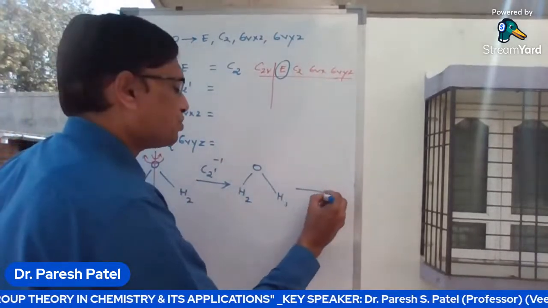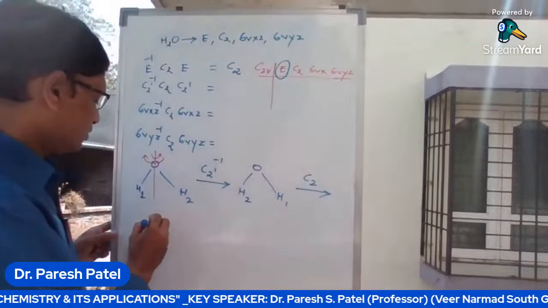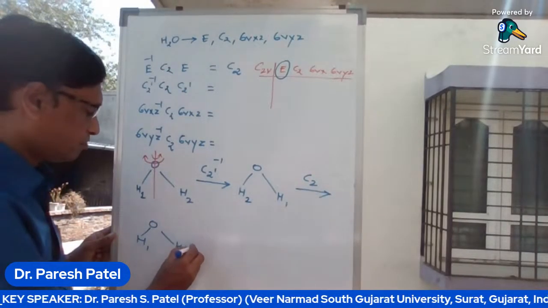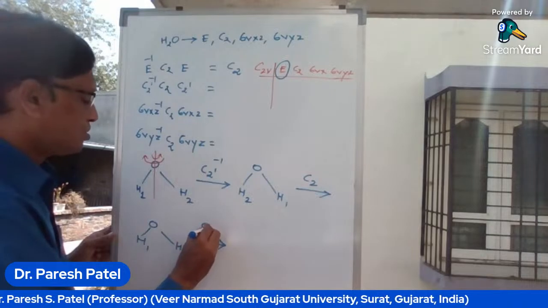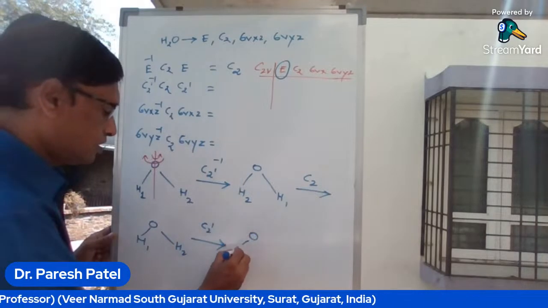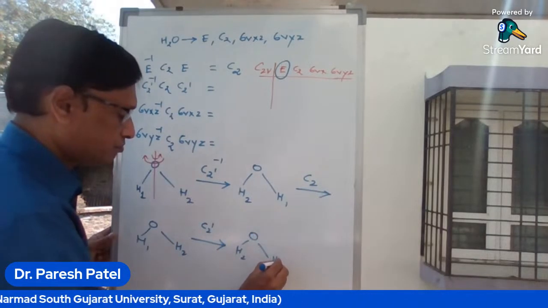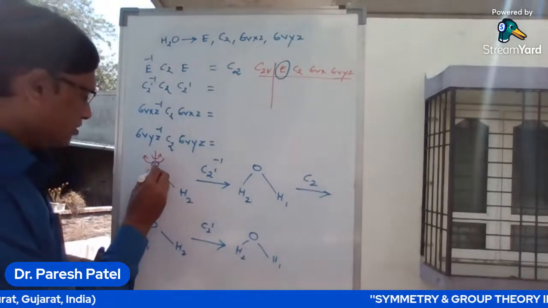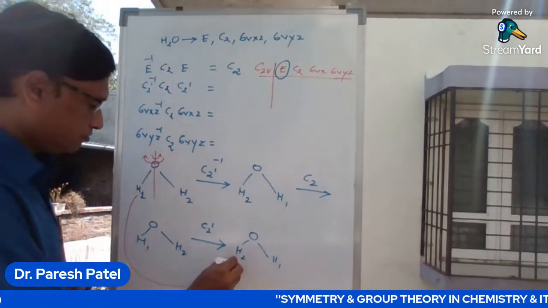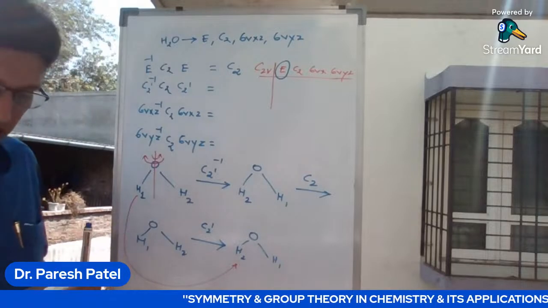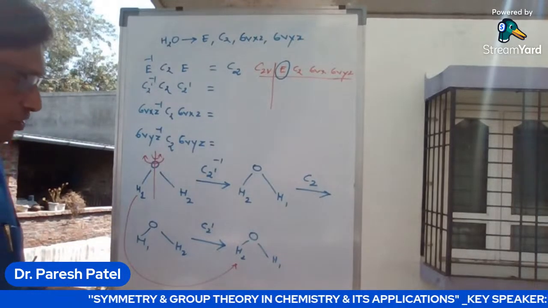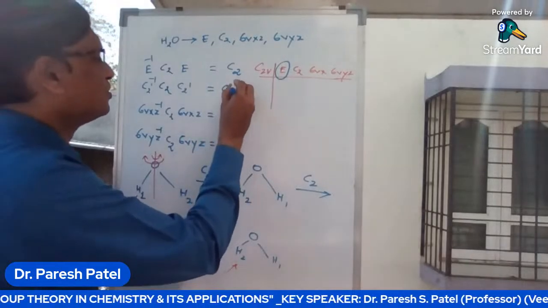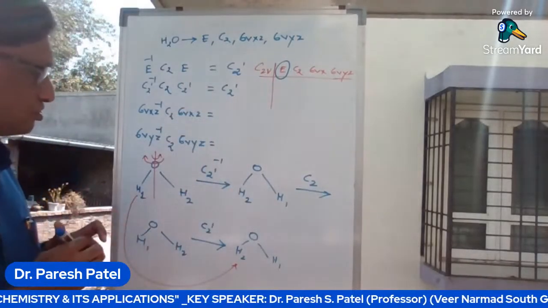Then again C2 or C21, 1 and 2. Again C21, 2 and 1. So the overall result, you can see from the original molecule and the oriented position, is nothing but this C2 or C21.